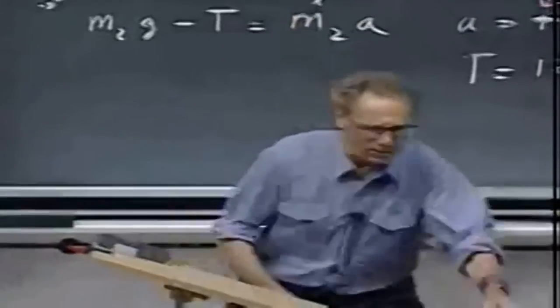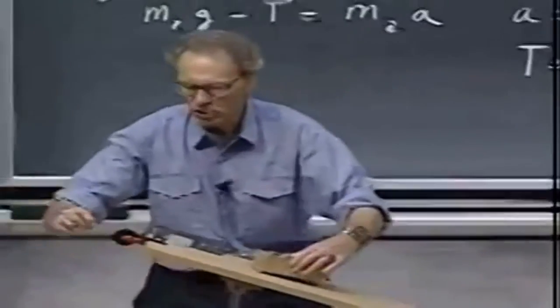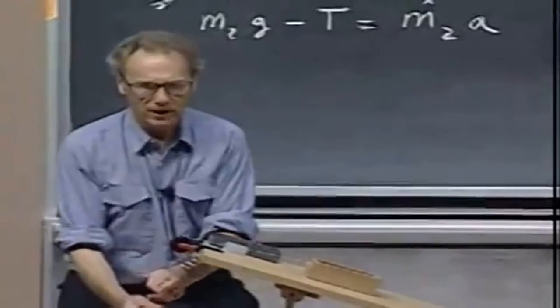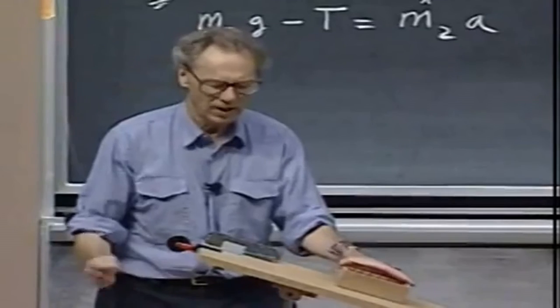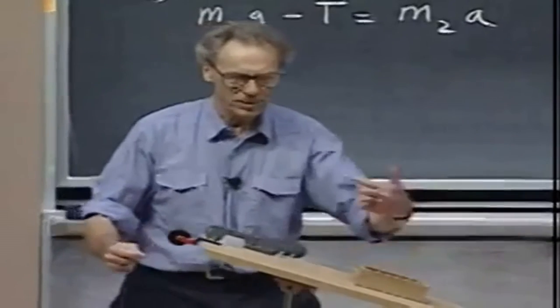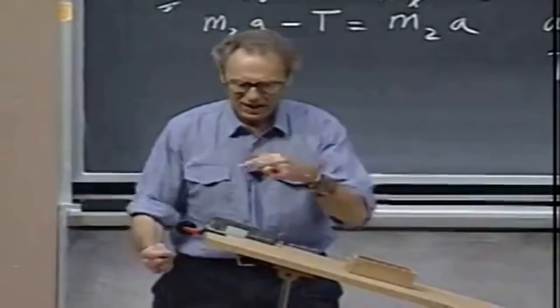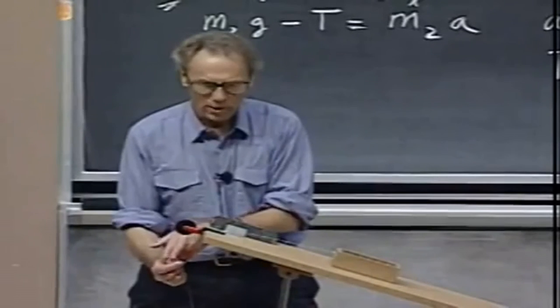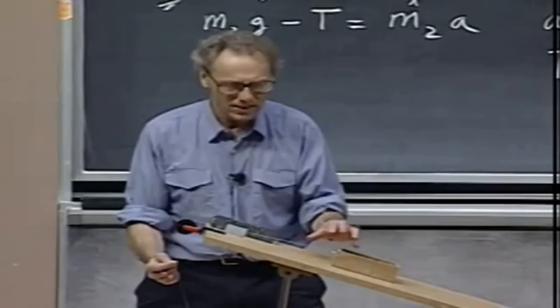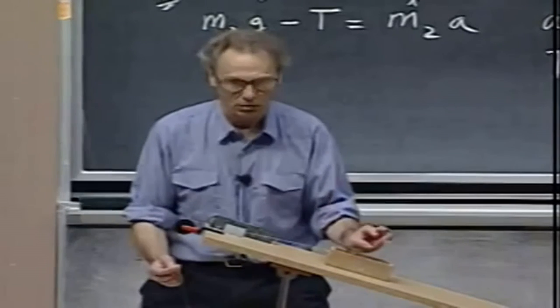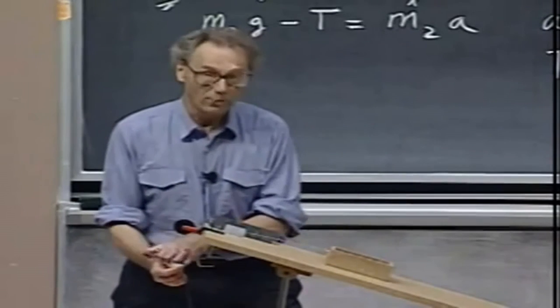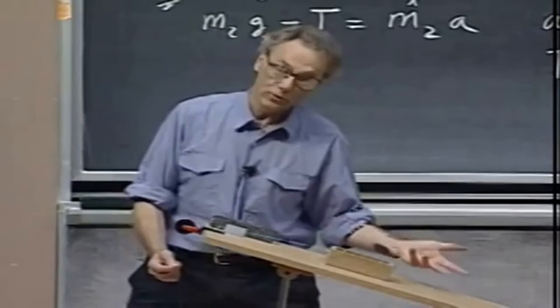When I had this thing up here, and when I was loading this down, making it heavier and heavier, I hope you realize that at first it wanted to slide in this direction. So at first the friction was in this direction. As I loaded it down more and more, the friction became less and less and less. There comes even a time that the friction becomes zero. I load it more and more and more, the friction flips over to the other side.